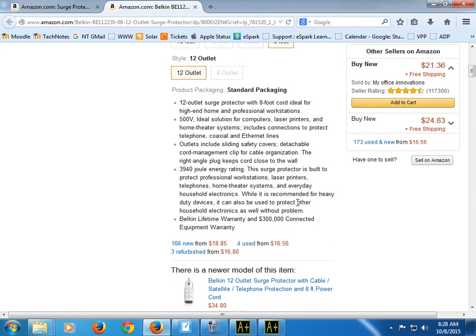But here's the big thing. It's a $300,000 warranty. And that's what I would always suggest you guys doing if you're going out and you've got a nice computer at home, a nice stereo, buy something that has a good warranty on it. Because for $19, now everything that's plugged into that is protected. So that if you have an electrical storm, they will pay to replace that device.